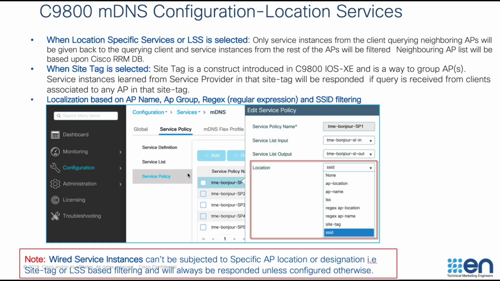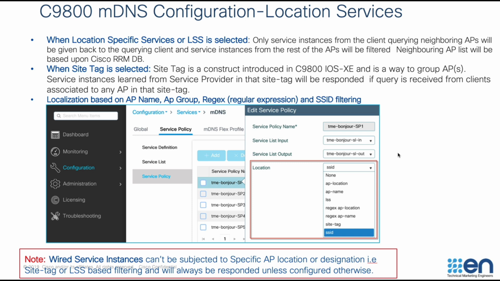So as explained before, these location-specific services, when applied, can be used by the clients only in that localization area. Services outside this area would not be available, or clients cannot use them.